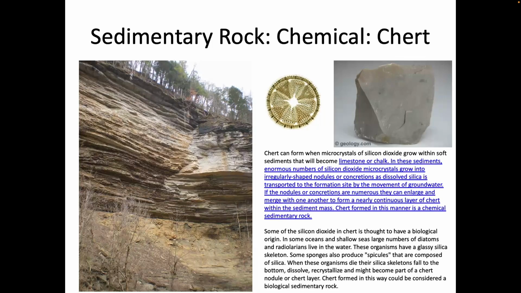So let's read some of this blue text here. Chert can form when microcrystals of silicon dioxide grow within soft sediments that become limestone or chalk. In these sediments, enormous numbers of silicon dioxide microcrystals grow into irregularly shaped nodules or concretions as dissolved silica is transported to the formation site by the movement of groundwater.